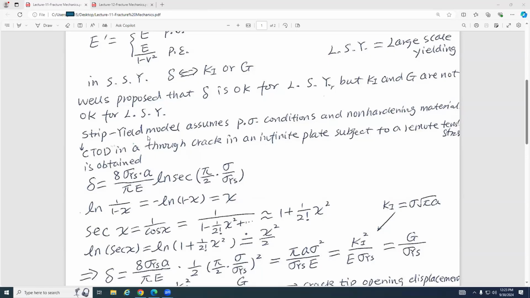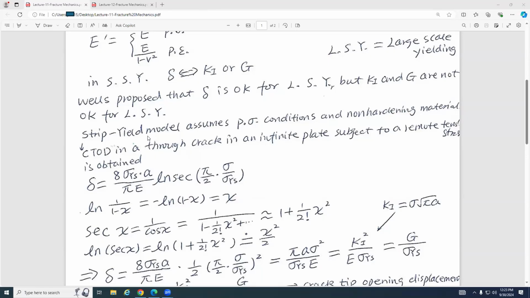Log secant x equals this one, and we just plug in.